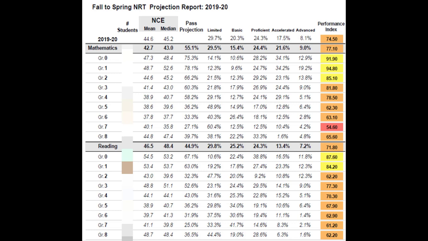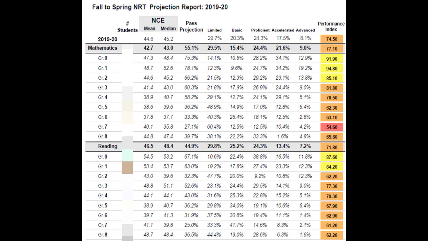And then, of course, in the spring, it is the spring projection, which should be the most accurate version of all. So keep in mind that these are just projections, and it does not necessarily indicate what your performance index will be or the percent of students that are going to pass. These are simply calculations based on a calculation that NWEA has produced called the linkage report.